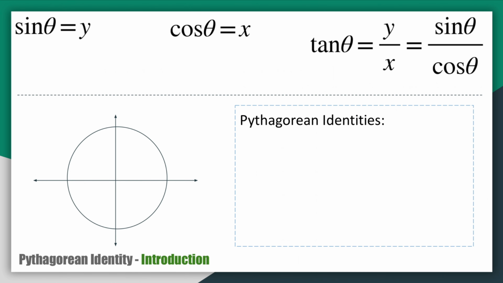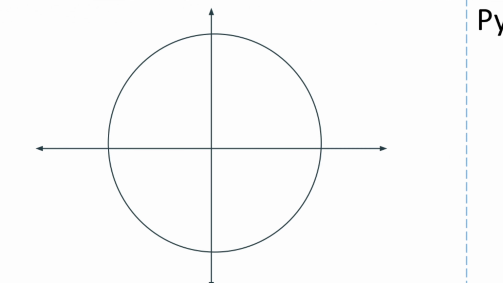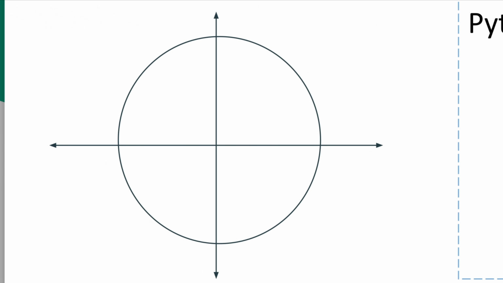Now, let's prove some stuff here, okay? For starters, what you've done with the unit circle up to this point is that you've said that when you have a circle that has a radius of 1, and you wanted to use that to find other values on the unit circle, you did this, right?